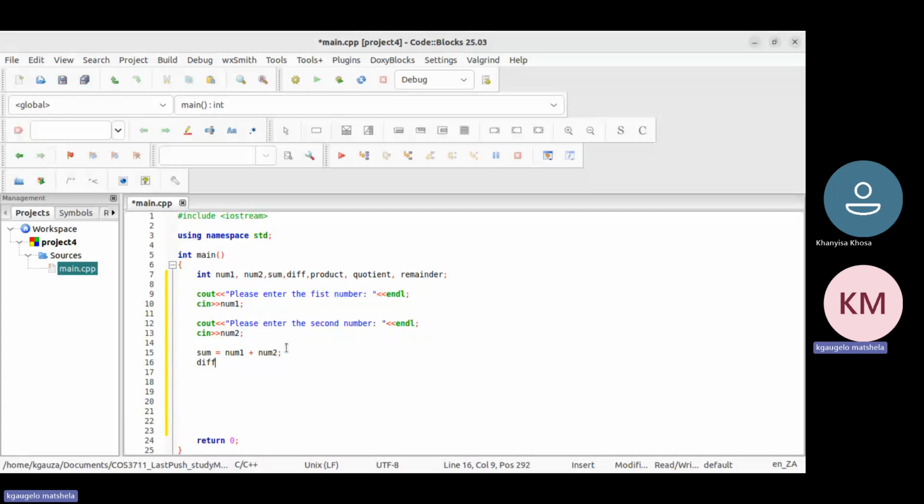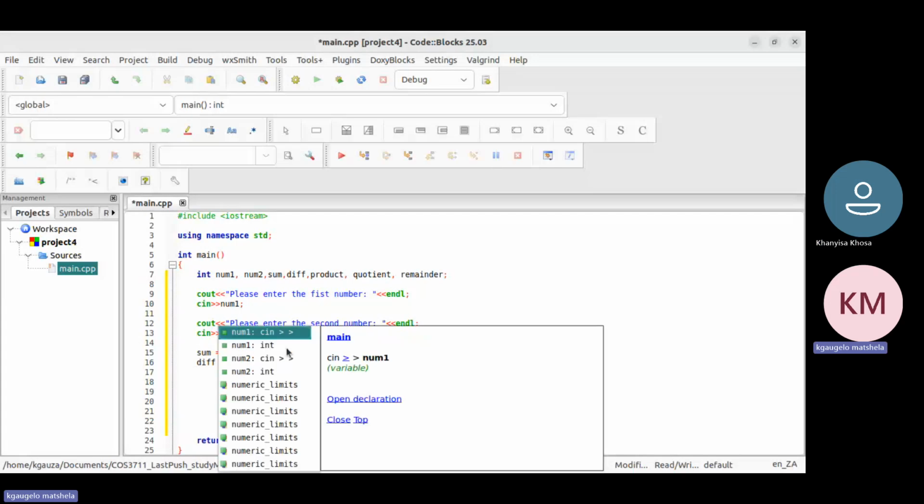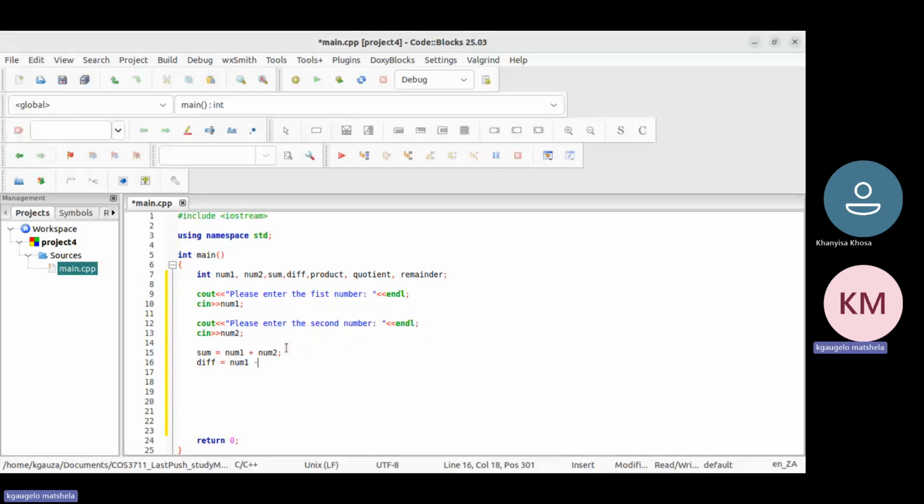Now let's say we want the difference. With the difference, we can say num1 minus num2. There is an issue, especially when we are asking the user: if num1 is lower than num2 and the user subtracts the bigger number from the lower number, it will result in a negative.